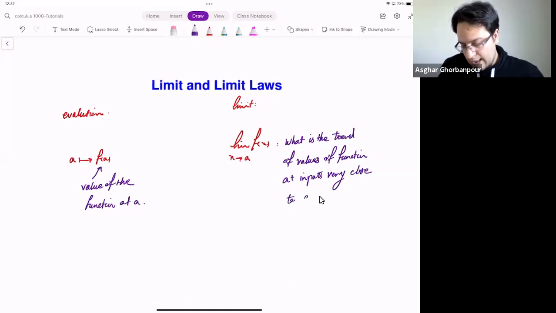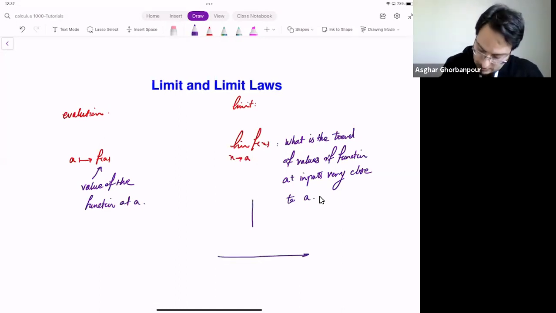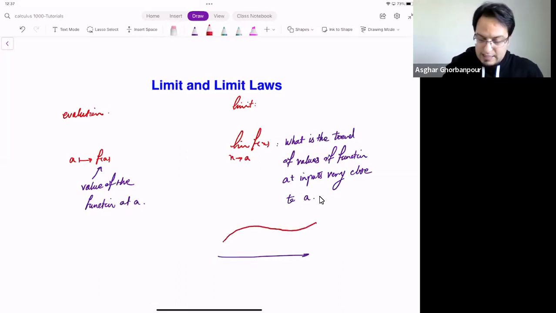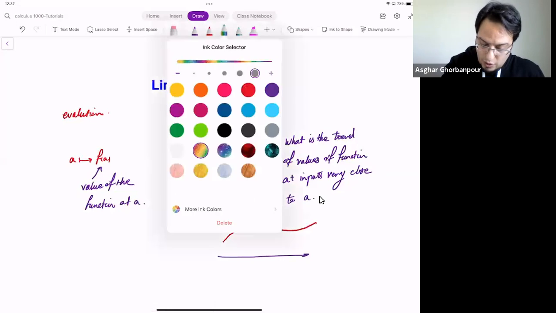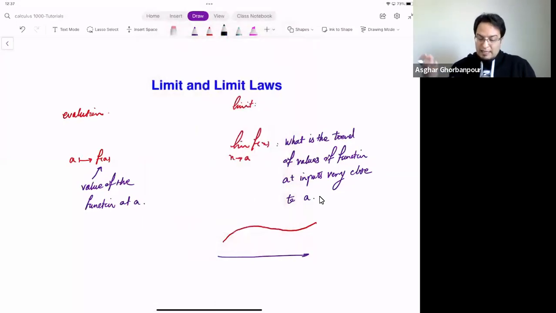to a. Well, there is a very precise definition of limit which we won't cover in this course, but mathematically it can be made very precise.